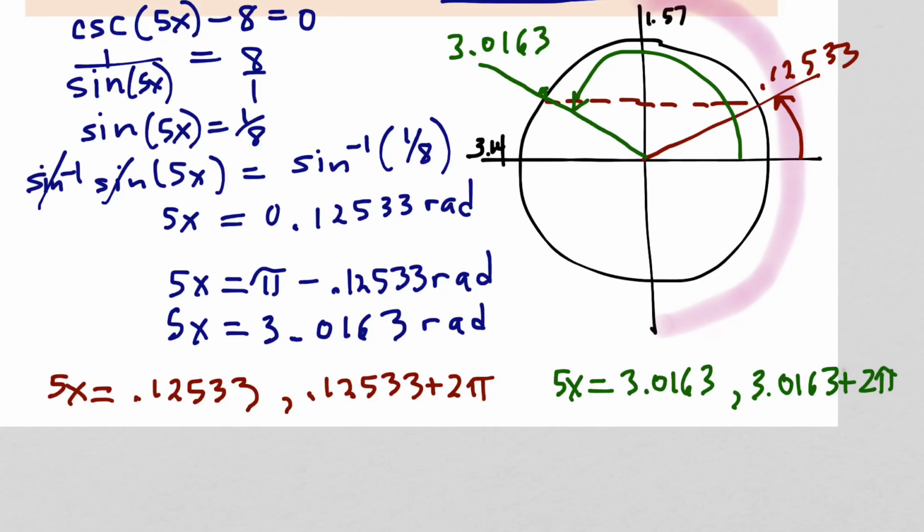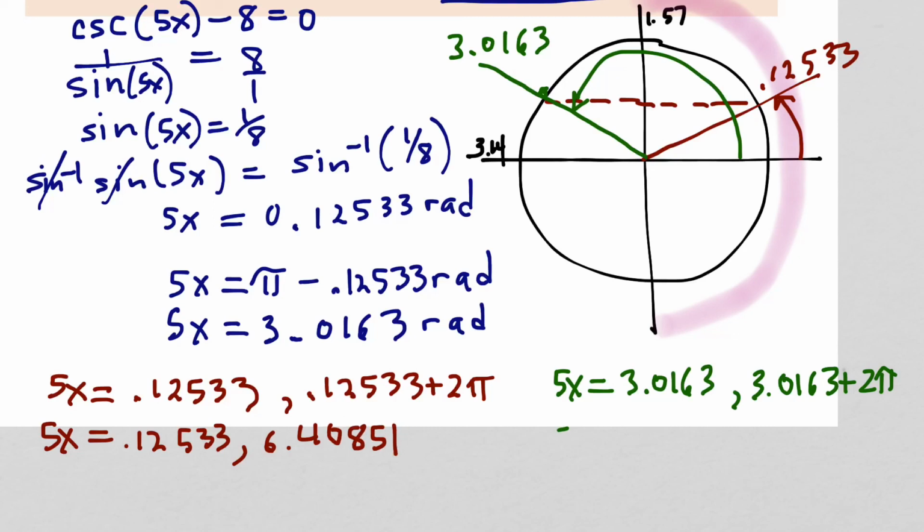All right, so let's just work on these equations here. We've got 5x is equal to 0.12533, and then if I add 2 pi to that, I get 6.40851.